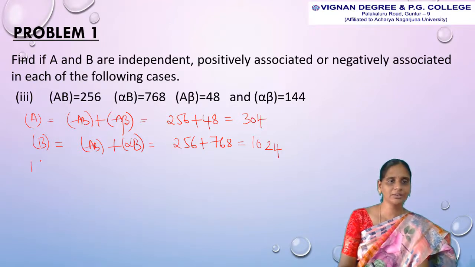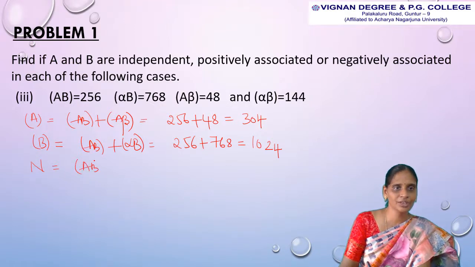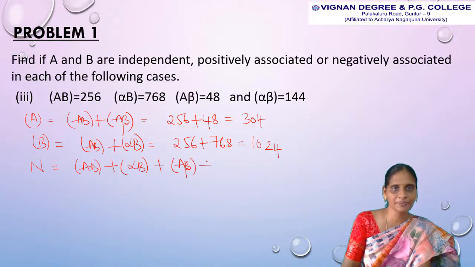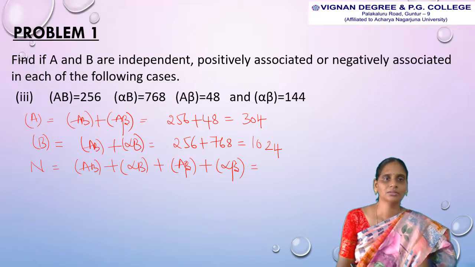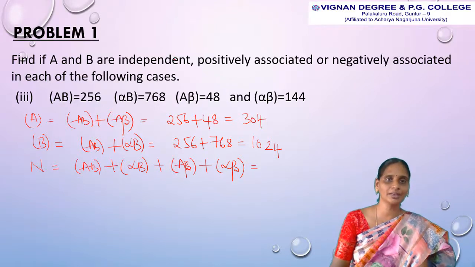And finally, we have to find out the value of capital N. So capital N is frequency of AB plus frequency of alpha B plus frequency of A beta plus frequency of alpha beta, the sum of 4 class frequencies in the case of 2 attributes.